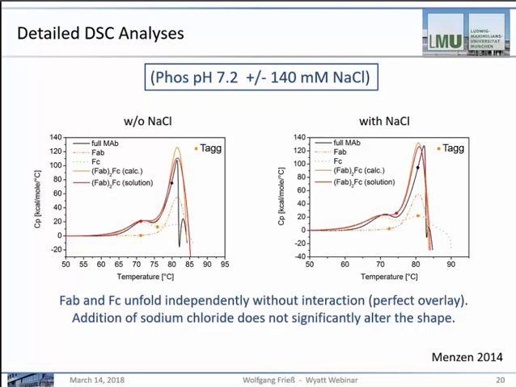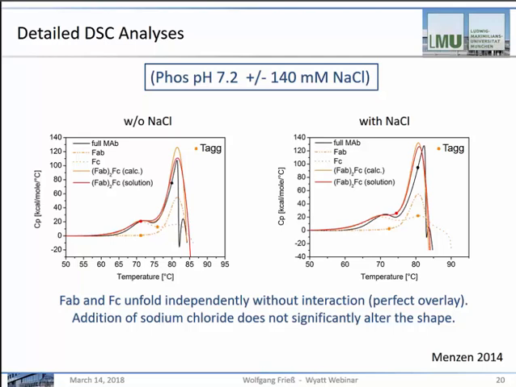Just looking at the Fab trace itself, you see that the Fab unfolds at well above 70-75 degrees C, and even almost without unfolding, you see the yellow dot indicating the aggregation. So the Fab part, as soon as it tends to unfold, starts to aggregate already.